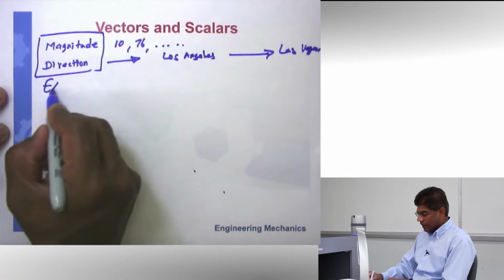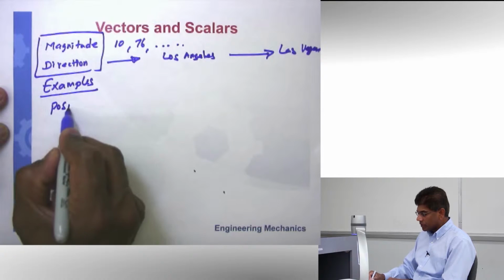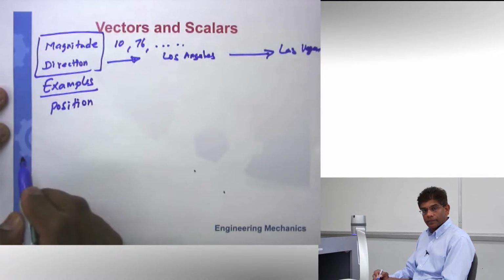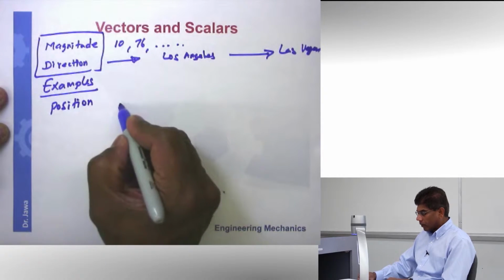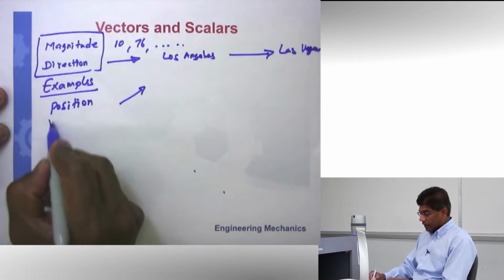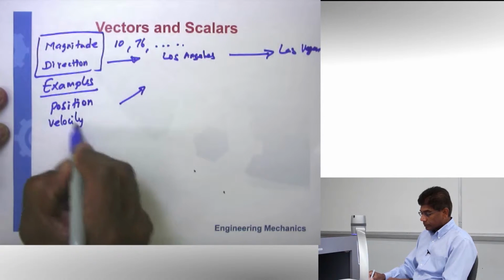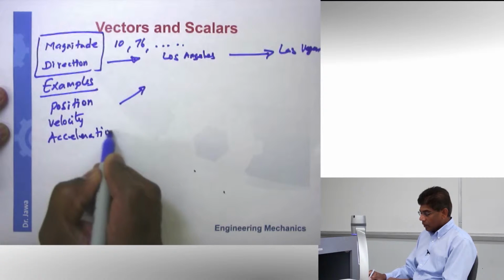What are the examples of vector? Well, we just talked about it, which is a position vector, right? Position with respect to something is a vector. A vector is typically denoted by an arrow at a certain angle. So that's a position. Similarly, velocity and acceleration. These are all examples of vectors.